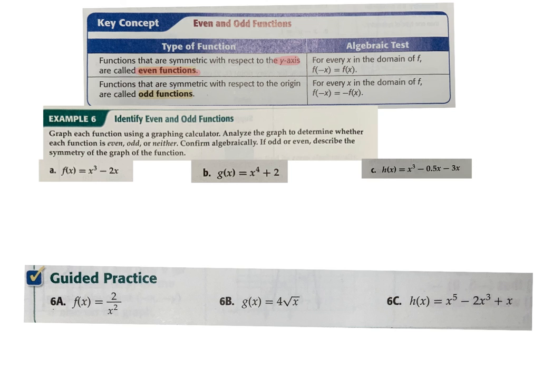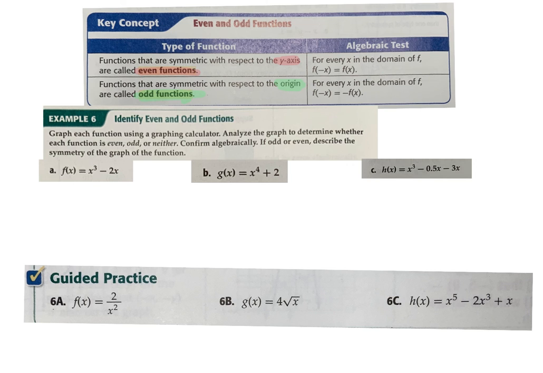If it is symmetric to the origin, it is called an odd function, all right?